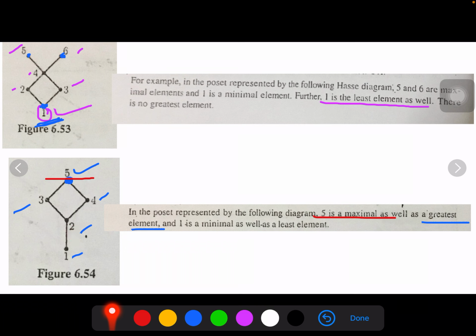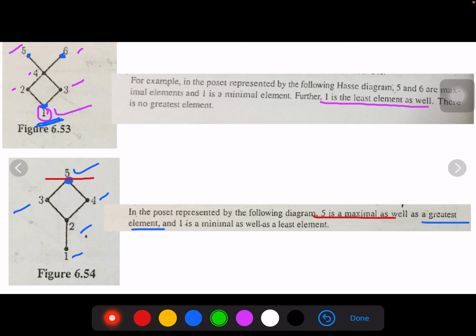That's why 2 is related to 5. 5 is related by 2. So when these two are related, 2 and 1 are related, 1 is also related to 5. Therefore 5 is related by 1 by transitive property. Since 5 is related by all 4 previous elements, it can be called a greatest element.